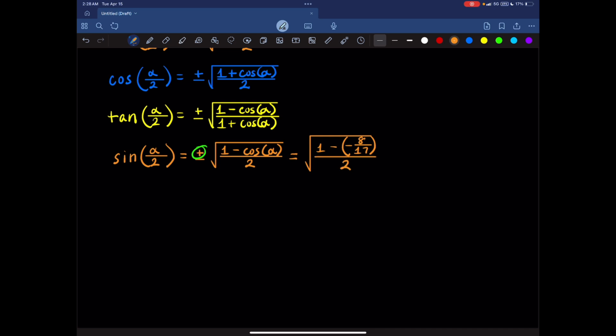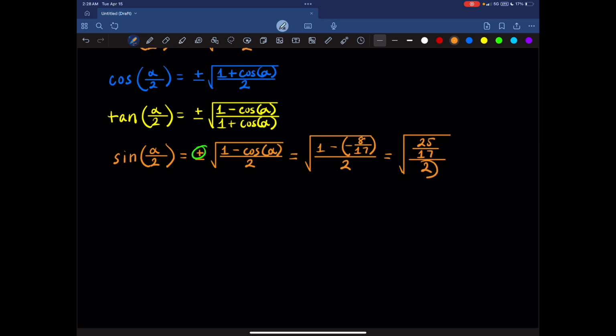And let's do some quick mental math in our heads. 1 is the same as 17 over 17. 17 is now the common denominator. 17 minus negative 8 is 25. So now we're going to have 25 over 17. And this is still all divided by 2.